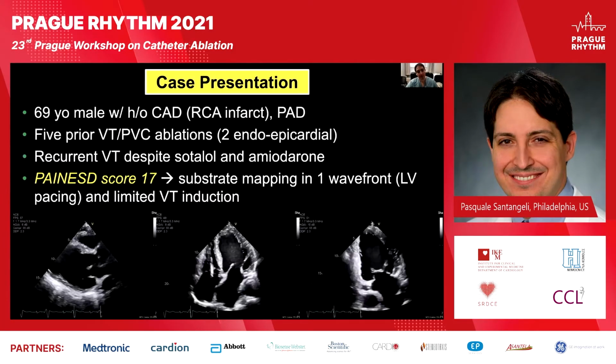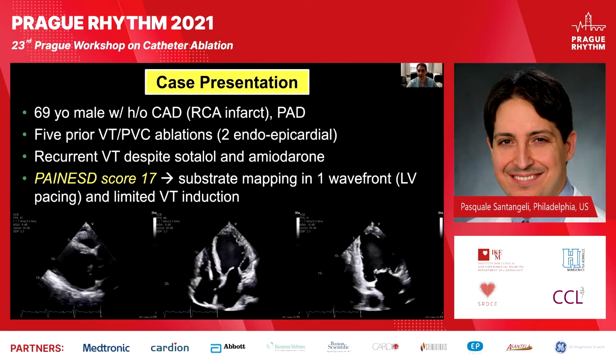Now, for the next 5-10 minutes I will spend talking about this specific case, which is really a relatively simple case that does highlight, however, the way we approach and use multipolar catheters in our current practice for scar-related VT.